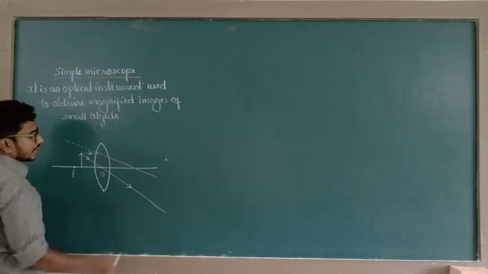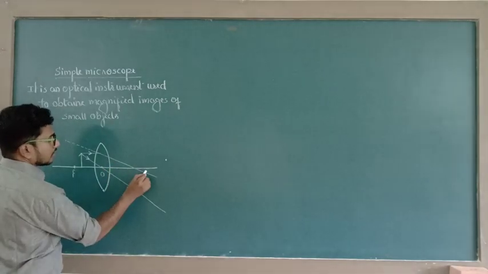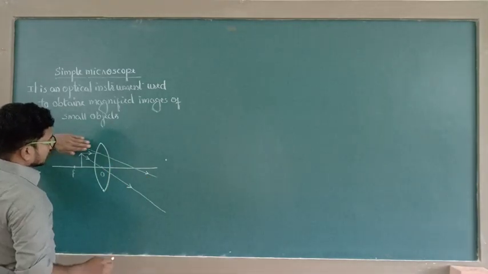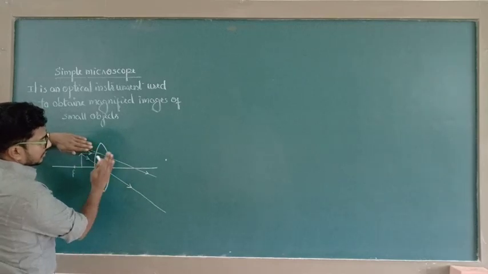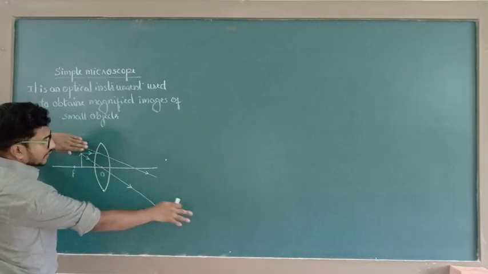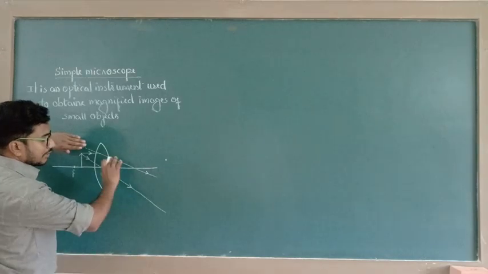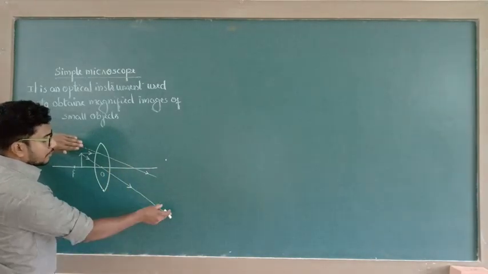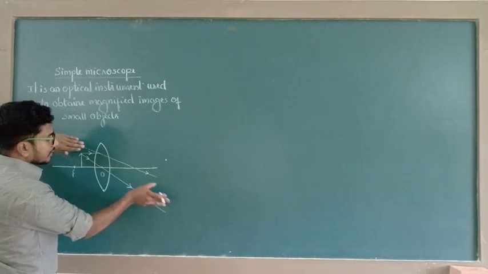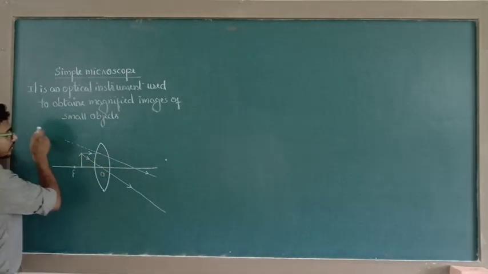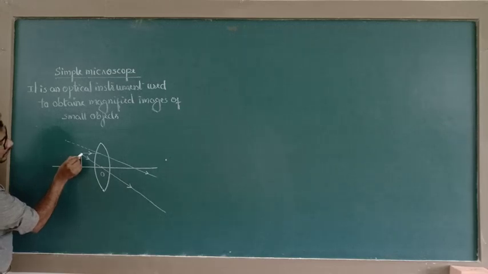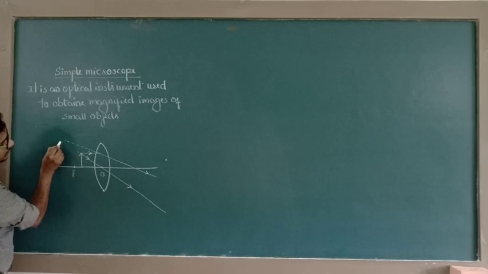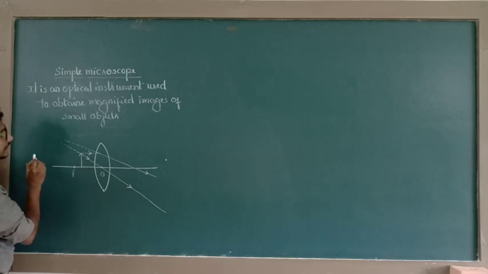Here we will get a divergent beam of light, so these two light rays never meet each other in the forward direction. Now I am going to extrapolate these rays in the backward direction. While proceeding, these two light rays are going to meet at some distance.